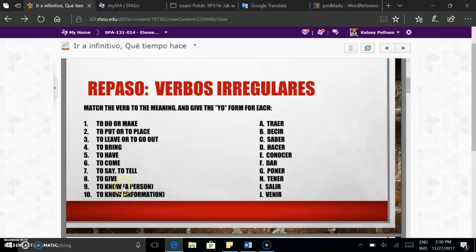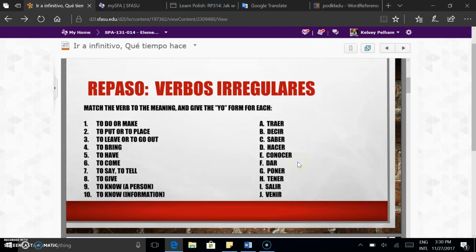To know. We have two verbs that translate as to know in English, but we have a different meaning here. If I say I know him versus I know the answer, I have two different verbs in Spanish. So to know a person, we're going to use the verb conocer. So conozco a Miguel.